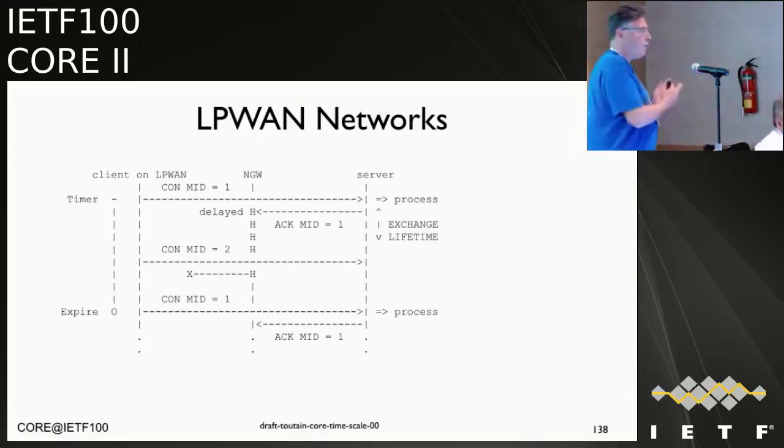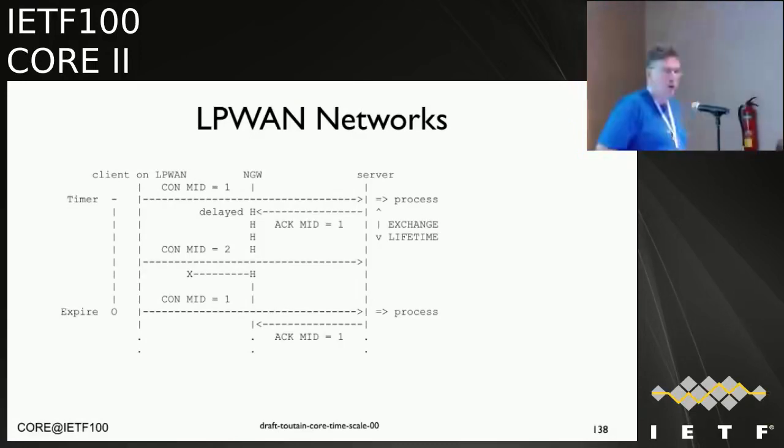It can also be a network with a duty cycle, so you cannot send all the time because you have to keep silence between sendings. Or, in the example I give here, you have a receiving window, which means you can receive messages only after sending a message. All these kinds of networks introduce delays in transmission.